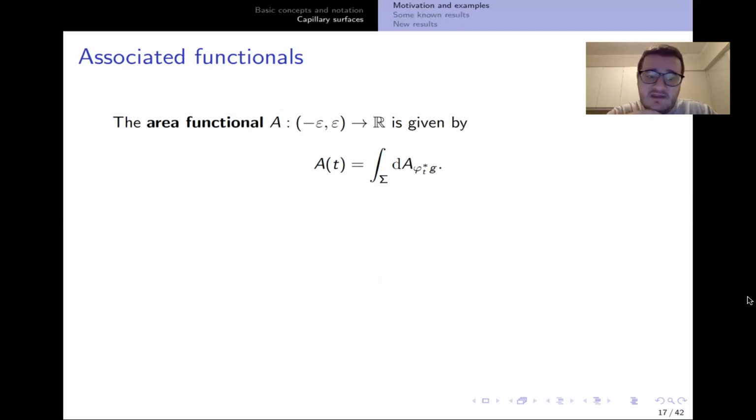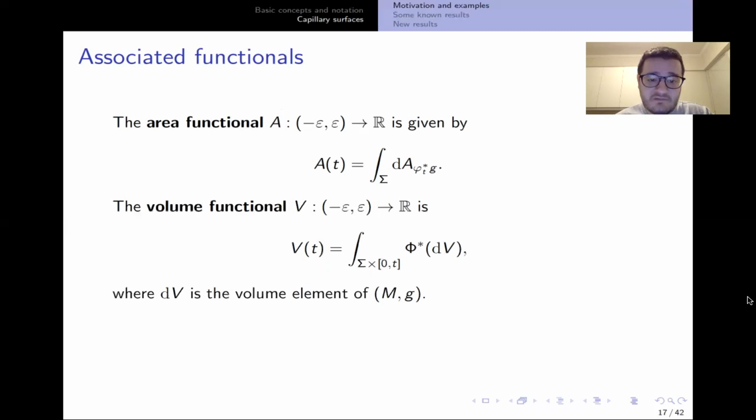Great. So we can define various functionals associated to this variation. And the first one is the area functional. It just measures the area of each perturbed surface. So formally, this is an integral of the area element of the pullback metric by the immersion phi t. We also define the volume functional, which is the signed volume that the perturbed immersion makes with respect to the initial immersion.